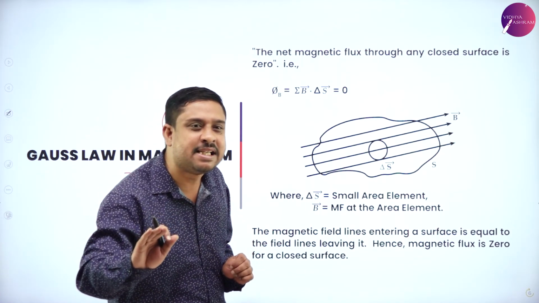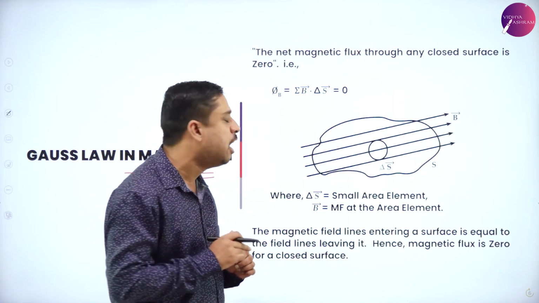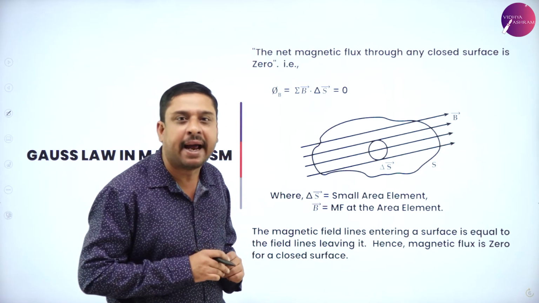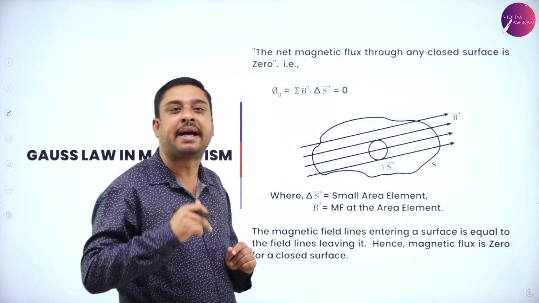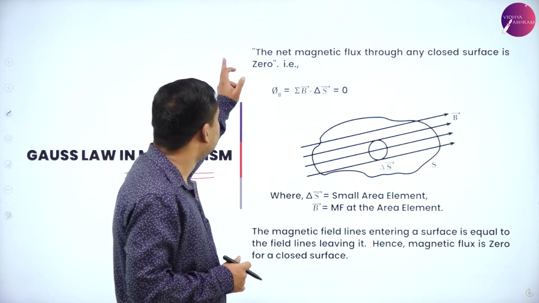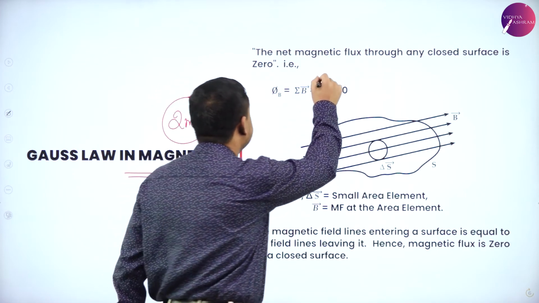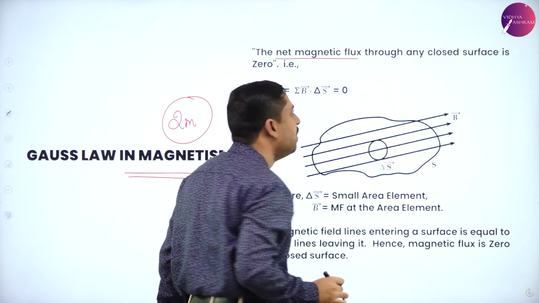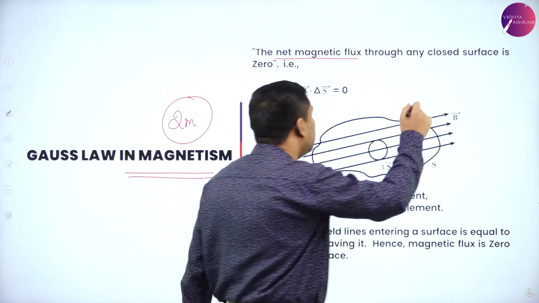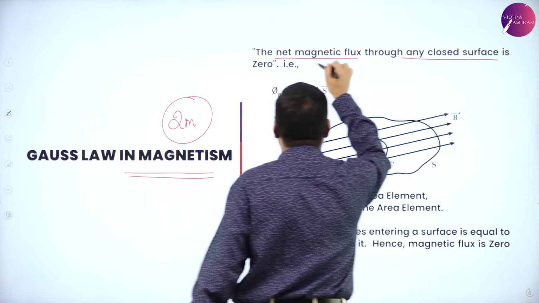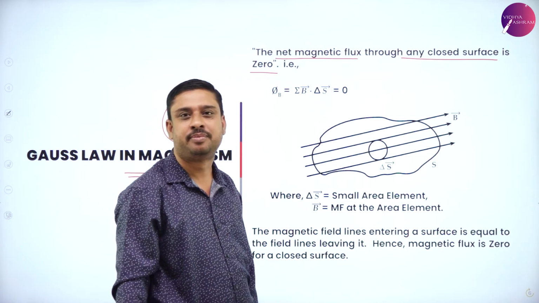Somewhere, since it is magnetism, magnetic flux has to be linked. When I say Gauss law of magnetism, it has to be associated with magnetic flux. Now, the statement says the net magnetic flux through any closed surface is zero.